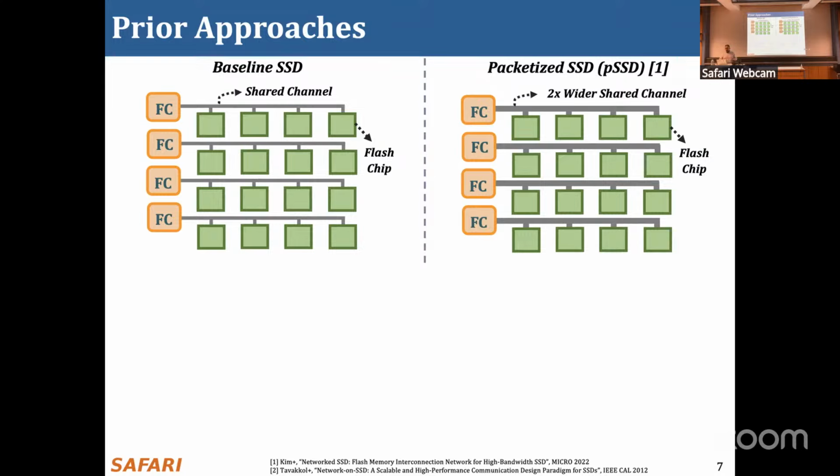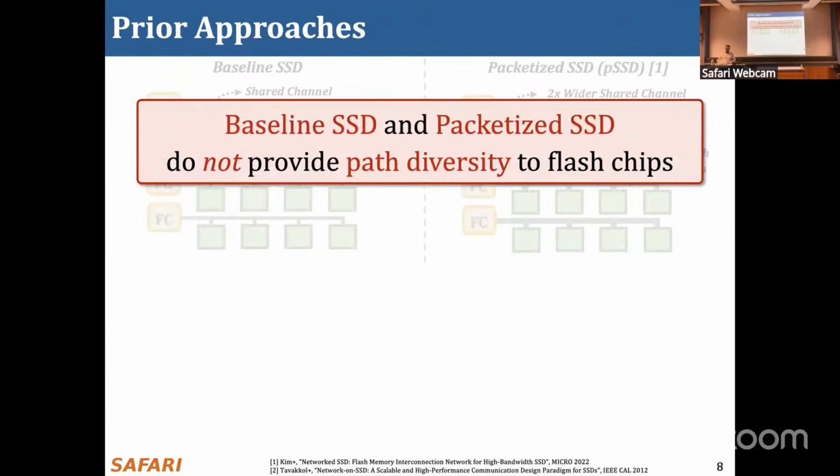With that, they are essentially widening the shared channel, which mitigates how long you need to wait for each conflict. It doesn't solve the conflict problem, but indirectly gives us better performance. But in the end, we observed that baseline SSD and packetized SSD do not provide path diversity to flash chips, so you cannot really solve the problem from the source.